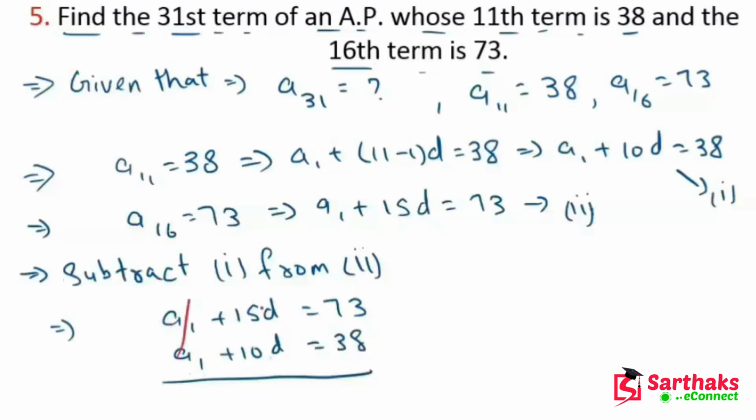This will be cancelled, and if we subtract, we get 5d. What do we get on the right? 13 minus 8 is 5 and 6 minus 3 is 3, so we get 35.